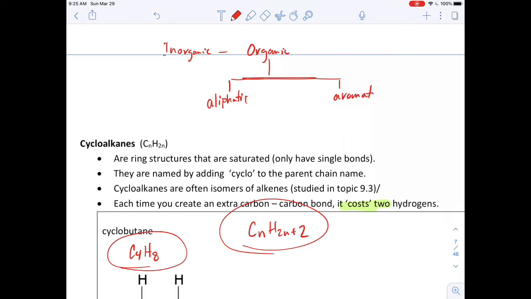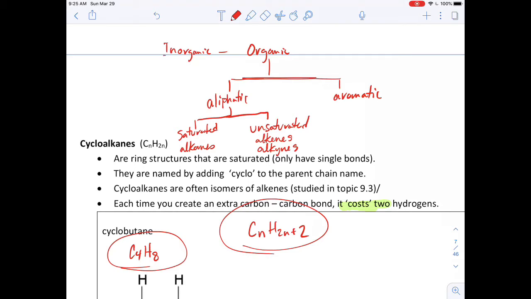The aromatics we'll talk about in a little while, but aliphatics include both saturated and unsaturated variations. Saturated aliphatics are alkanes, and they only have single bonds. Unsaturated aliphatics are alkenes and alkynes, which we will talk about later, and they have multiple bonds, so double or triple bonds.